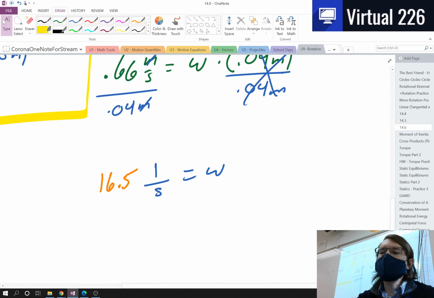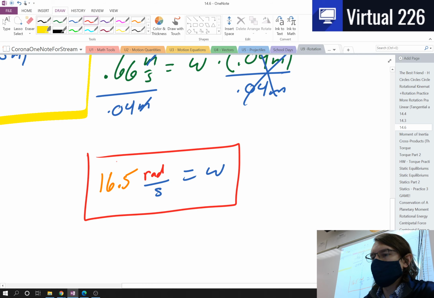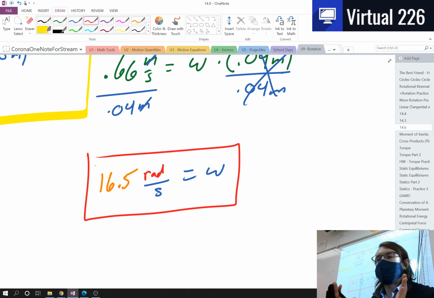Now, an interesting thing here, even though these units are 1 over seconds, it's important for us to remember that what we're really talking about here are an amount of angle that you're going through, which means instead of this being 1 over seconds, it's really implied that this is stating radians per second. And that is how our new angular velocity should be whenever we move further out on that disk.